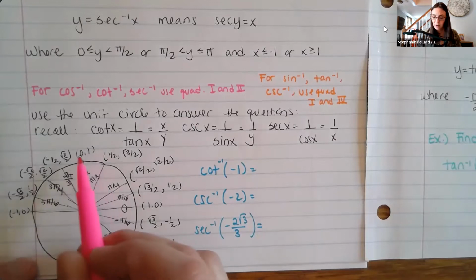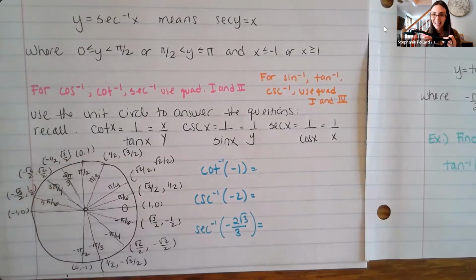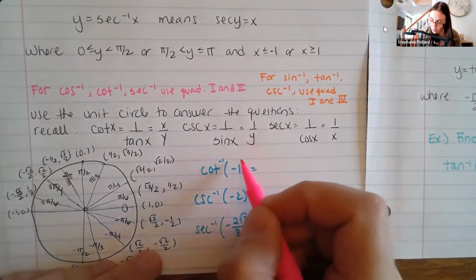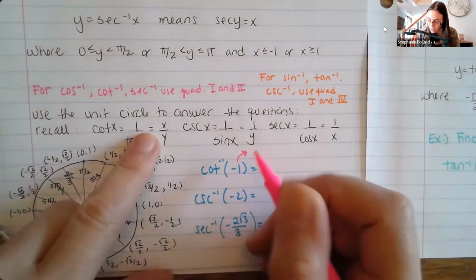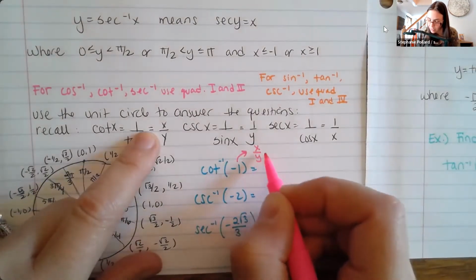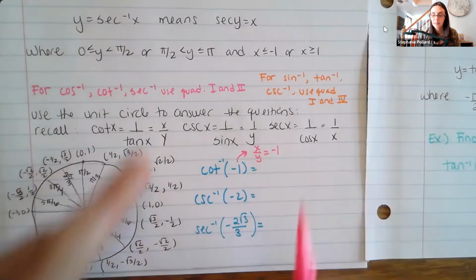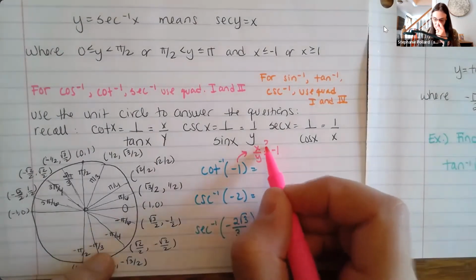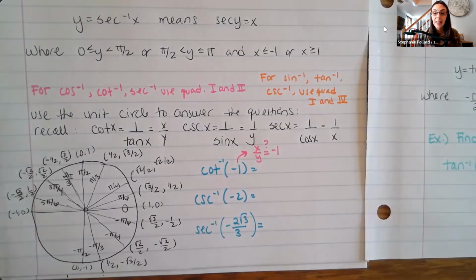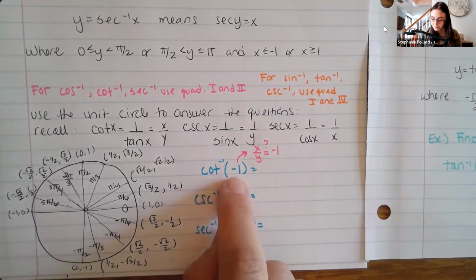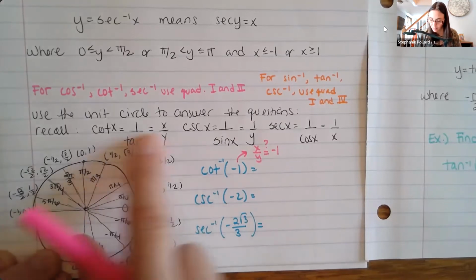I'm trying to figure out the point and then reverse back to the angle. So I need to think about, okay, well, what x over y would equal -1? That's my question, is which x and y value would equal -1. And again, I'm going to focus just on the first two quadrants.